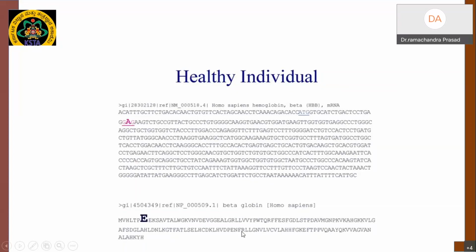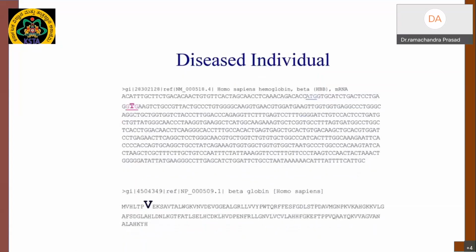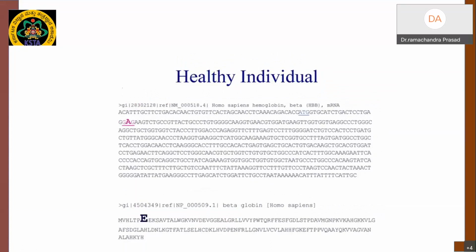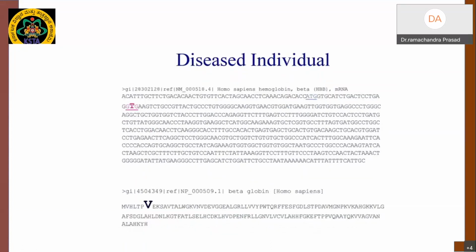But when there is a mutation, A becomes thymine, and the amino acid becomes valine. So E to V. Just one change leads to sickle cell anemia.